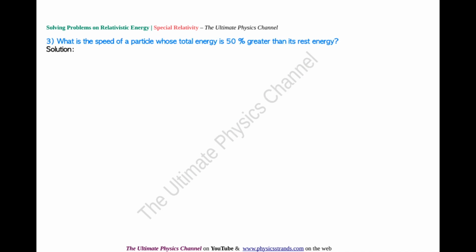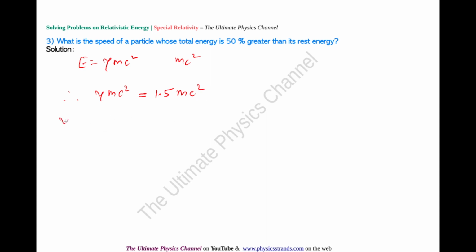What is the speed of a particle whose total energy is 50% greater than its rest energy? The total energy expression is E equal to gamma mc squared, and the total energy here is 50% greater than the rest energy. Rest energy is just mc squared. So we can write an equation where gamma mc squared is equal to 1.5 times the rest energy.